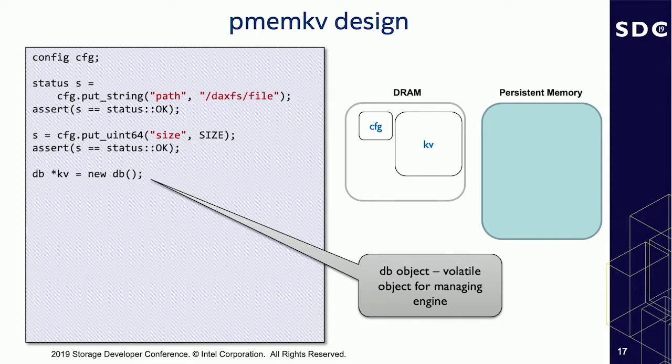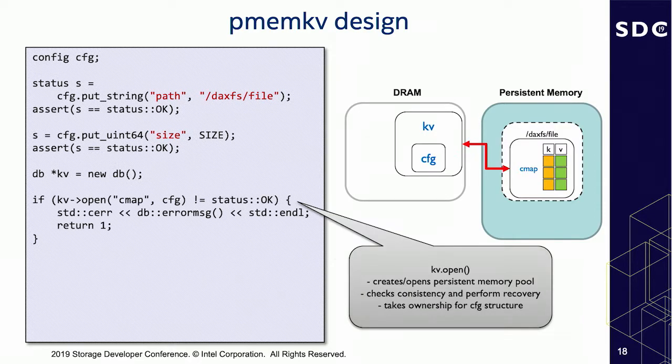Moving on, the next thing we do is we create the actual database itself. And here you can see it's constructed this little database object. Again, it's a volatile object for managing the engine. Open is where most of the important magic happens. It starts up the engine. In this case, we're using the CMAP engine, which is a concurrent hash map engine that we've recently released at production quality.